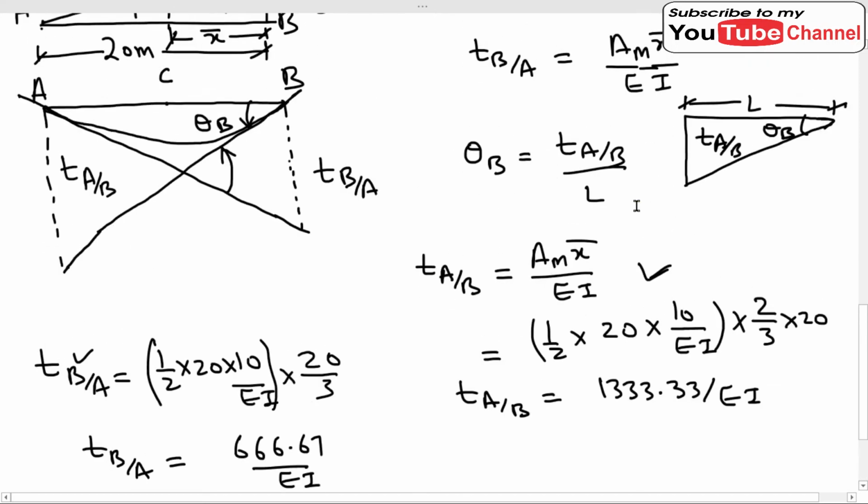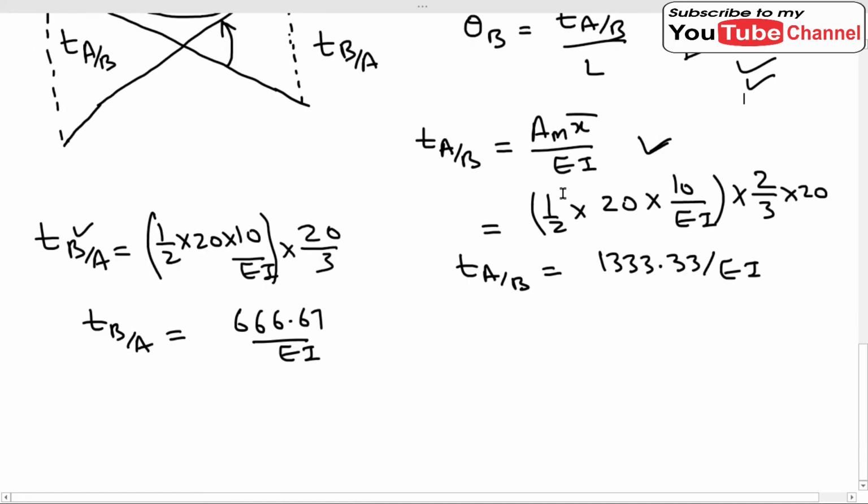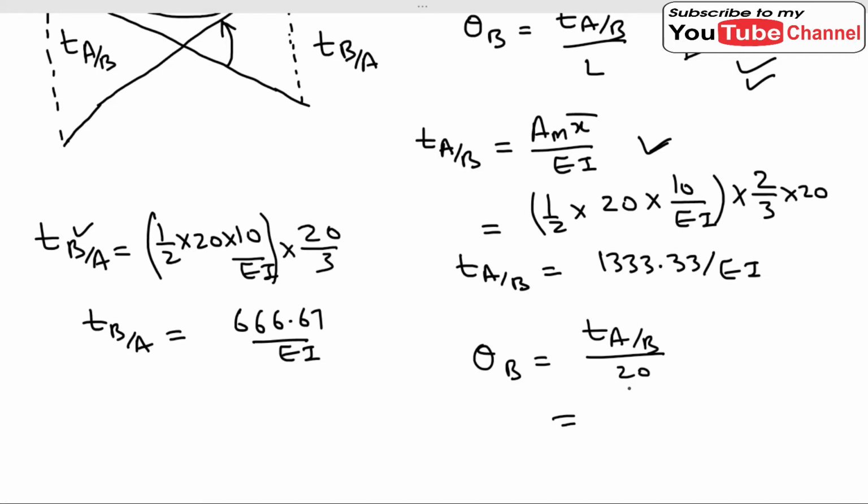Now we have found out the value of TB over A and TA over B. So from this relation which I have told you, we can find out the value of theta A and theta B very easily. The value of theta B will be equal to TA over B upon 20. Let me calculate, 133.33 upon 20, so it will be approximately equal to 6.67 upon EI.